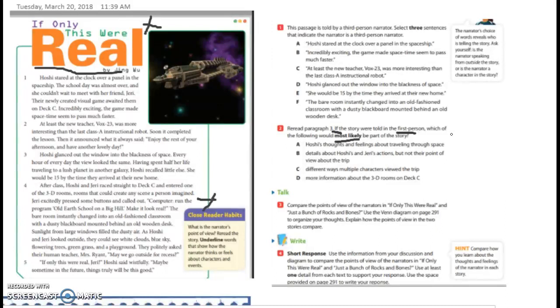If only this were real. Hoshi stared at the clock over a panel in the spaceship. The school day was almost over, and she couldn't wait to meet with her friend Jerry. Their newly created visual game awaited them on Deck C. Incredibly exciting, the game made space-time seem to pass much faster.